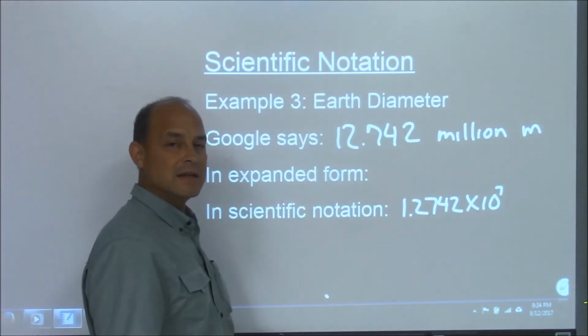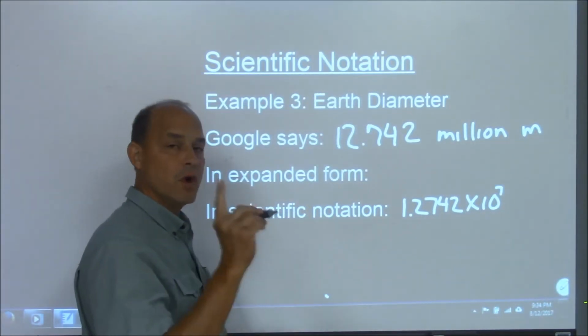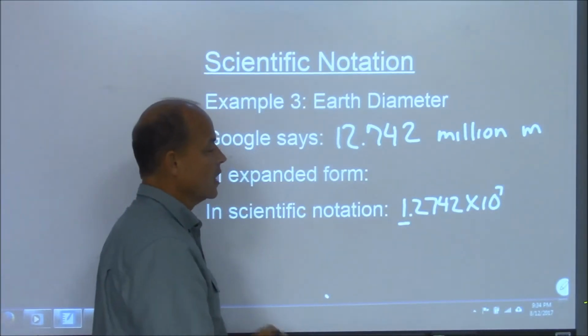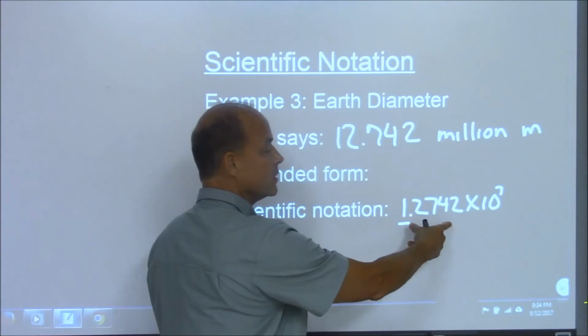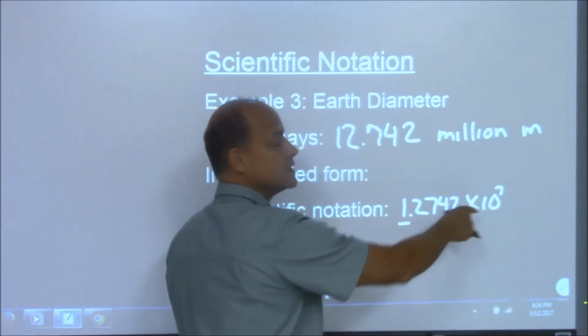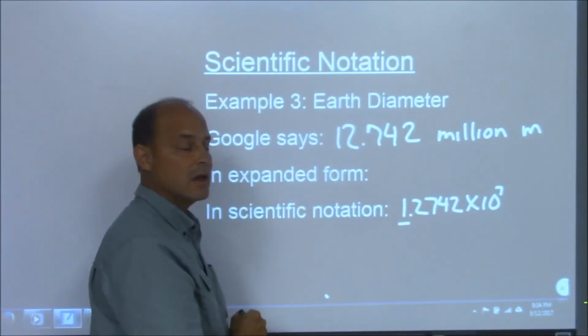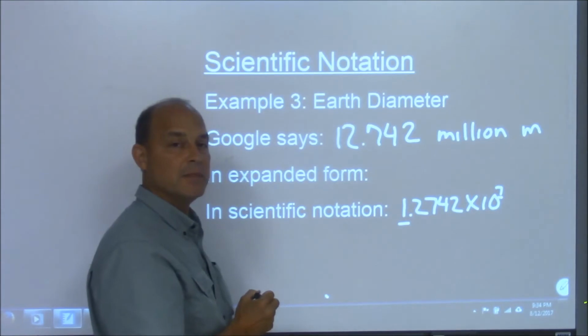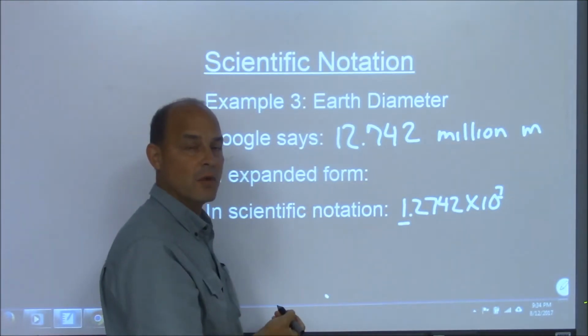Again, scientific notation requires that you have only one digit to the left of the decimal. Now that makes this a very small number, but it's big because it's multiplied times 10 to some exponent. And that exponent tells us how many places we have to move the decimal point.